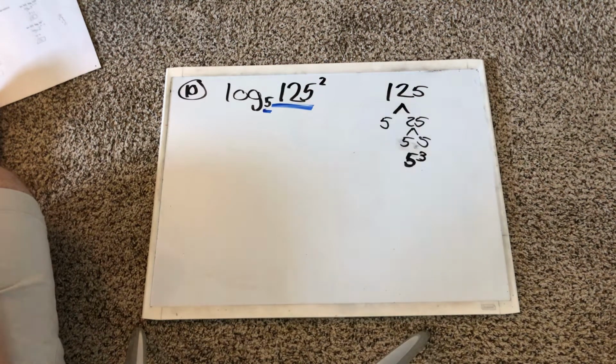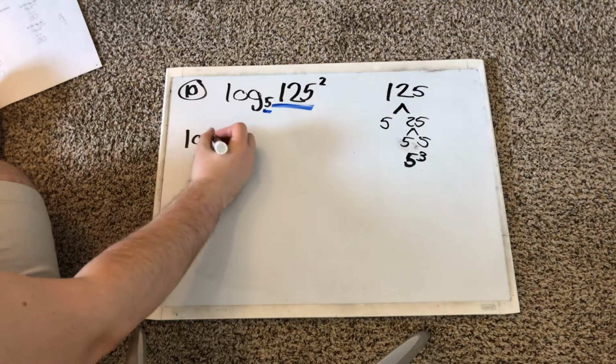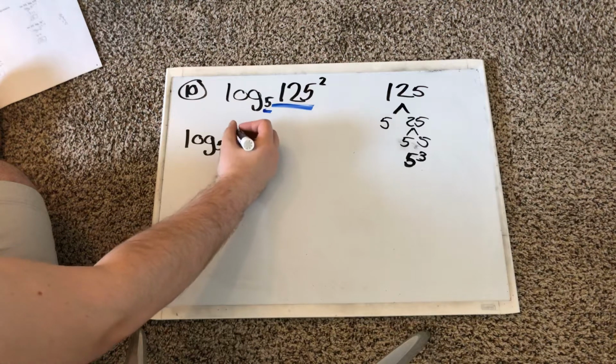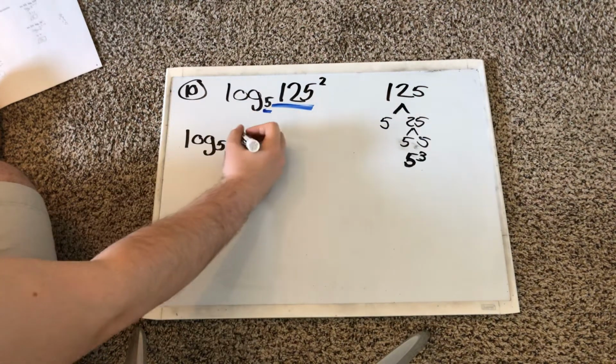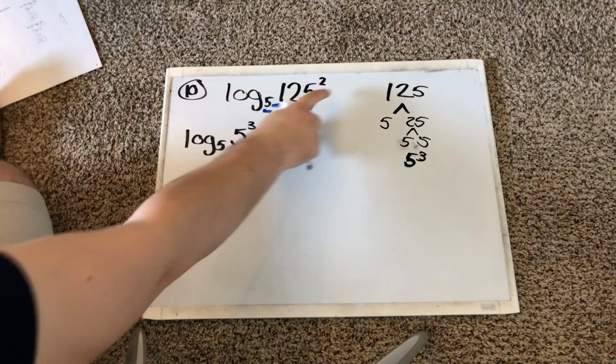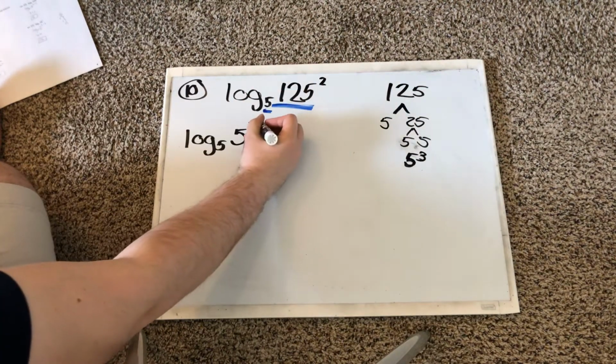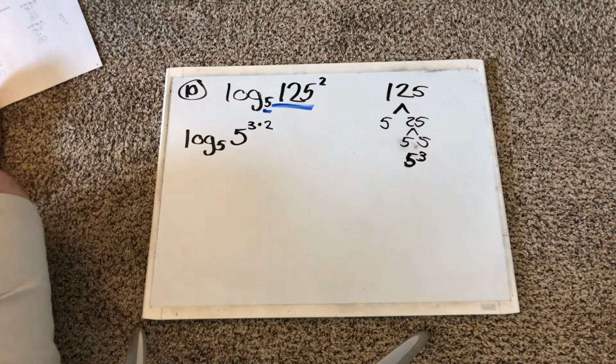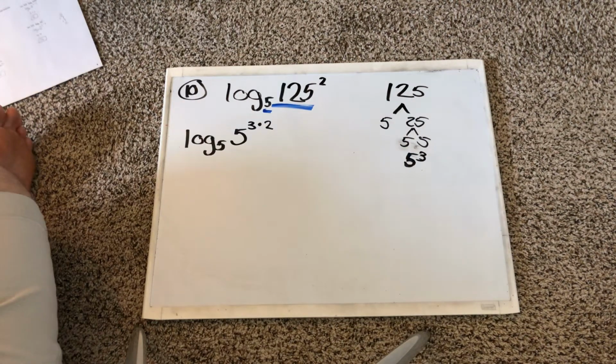So when I rewrite this, I have log base 5, and this 125 I can rewrite as 5 to the third power, but we still have this 2 right here. We can't forget this 2, so we're going to multiply the exponent by 2.